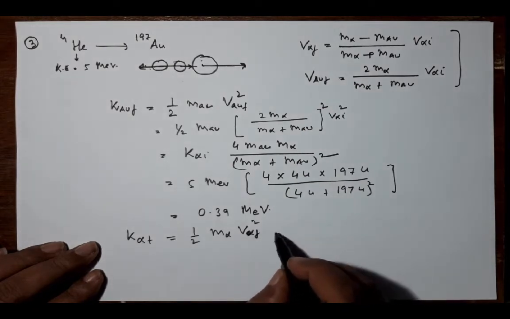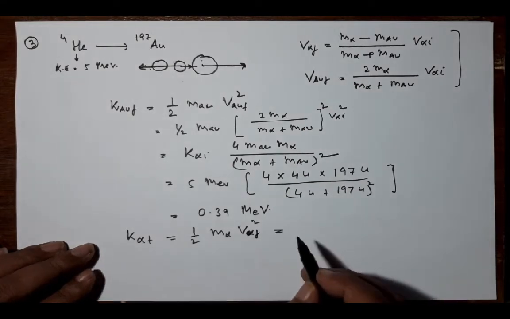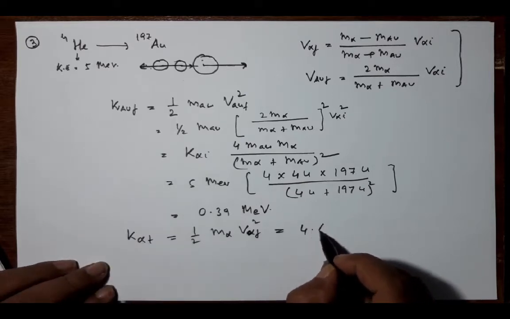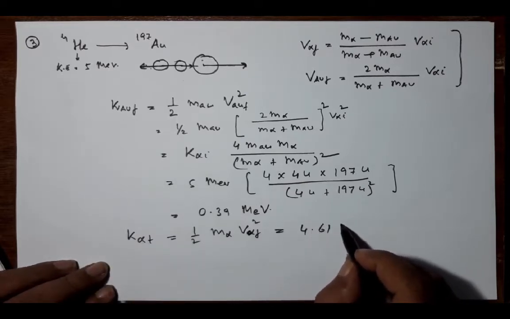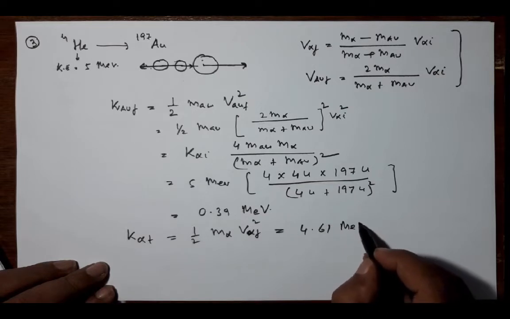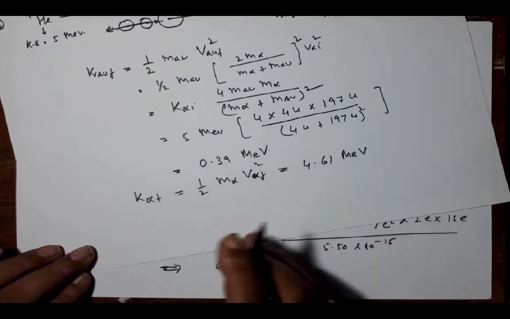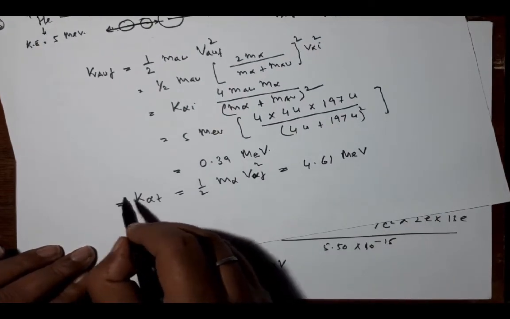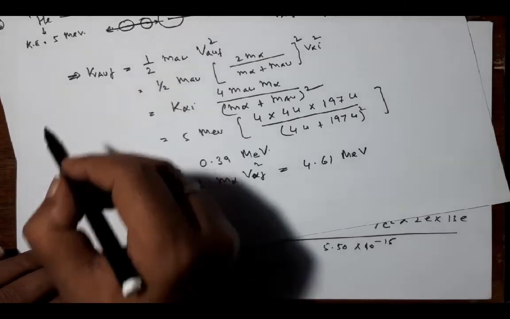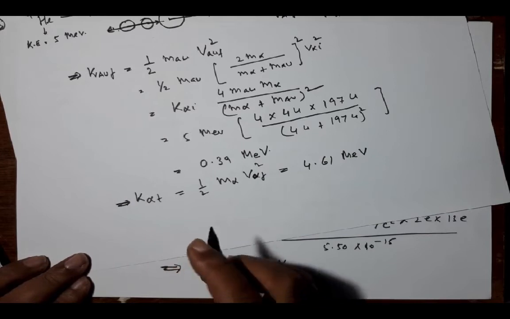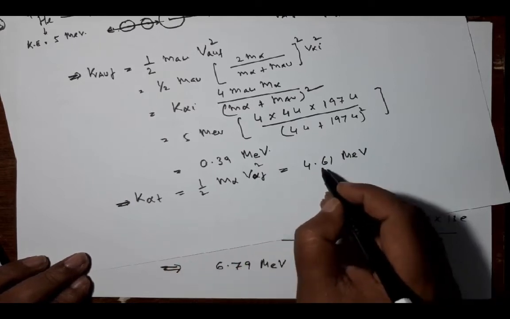If we put this in, it is nothing but 4.61 MeV. So this is the kinetic energy of the recoiling nuclei.